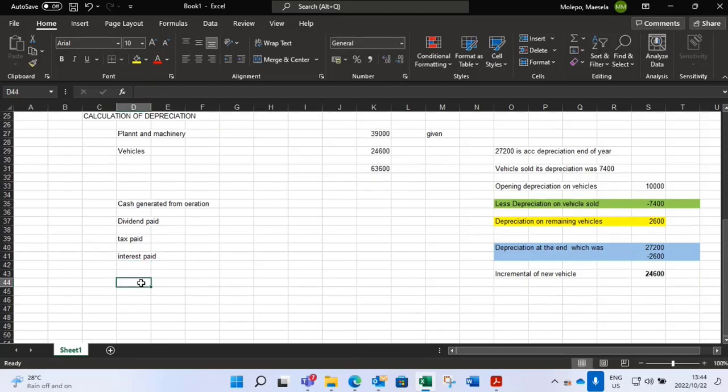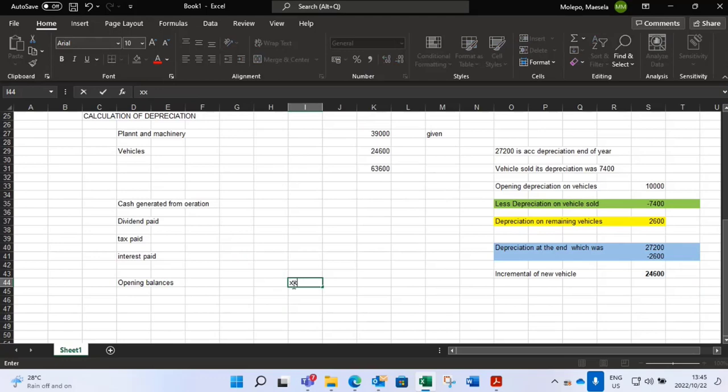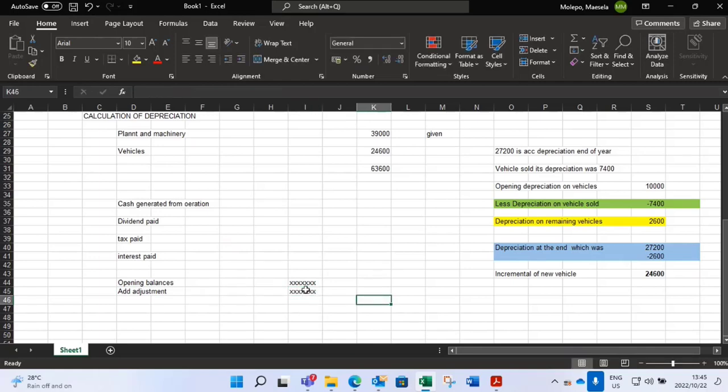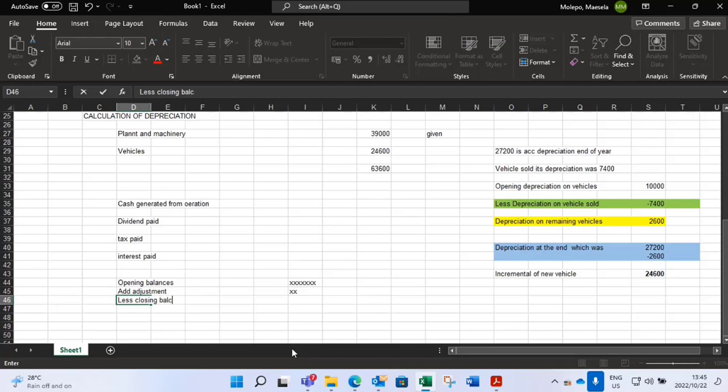In most cases, they use the same formula of the opening balances, add adjustment, and less closing balance, which your closing balance will be the one at the end of the year.